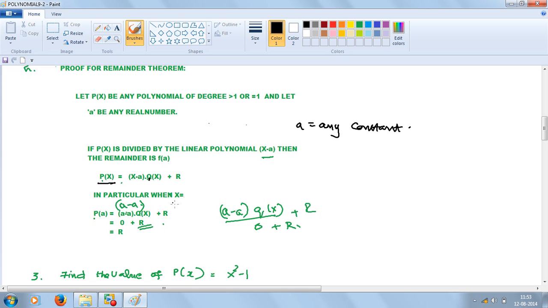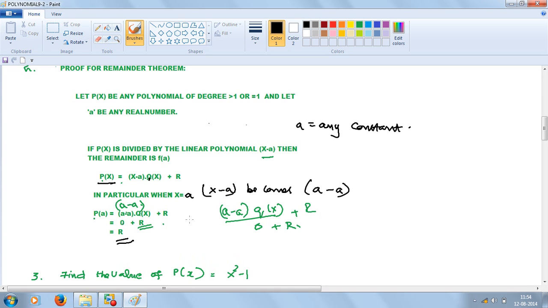In particular, when x is equal to a, what's happening? When x is equal to a, x minus a becomes a minus a. So p of a is equal to a minus a into quotient q of a, and whatever it be, a minus a becomes 0, plus remainder. So only r is left, r is some remainder.